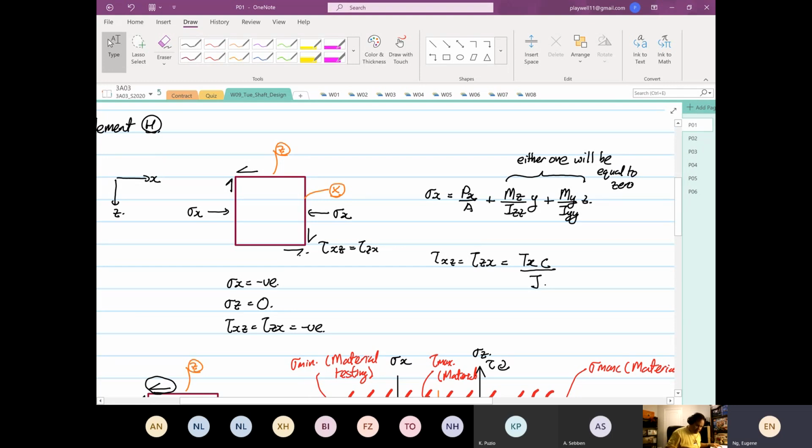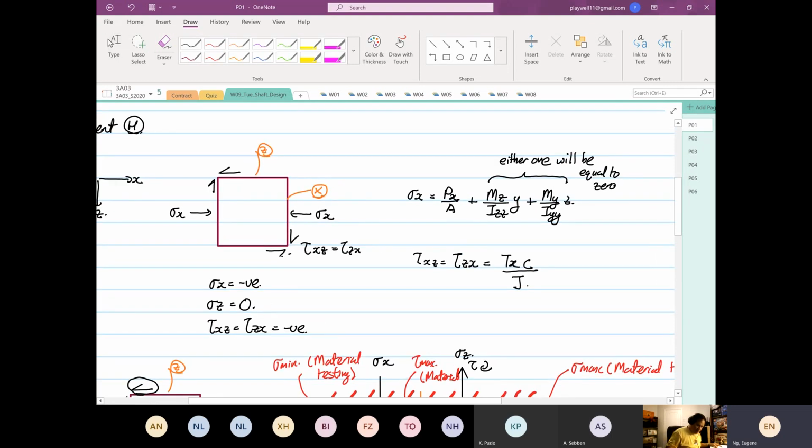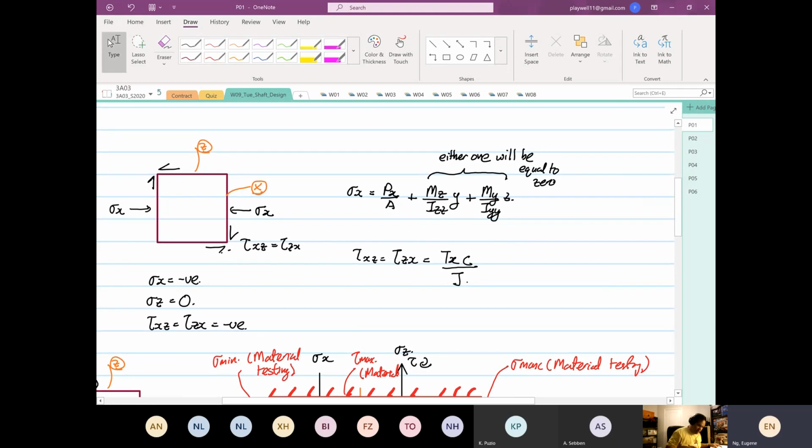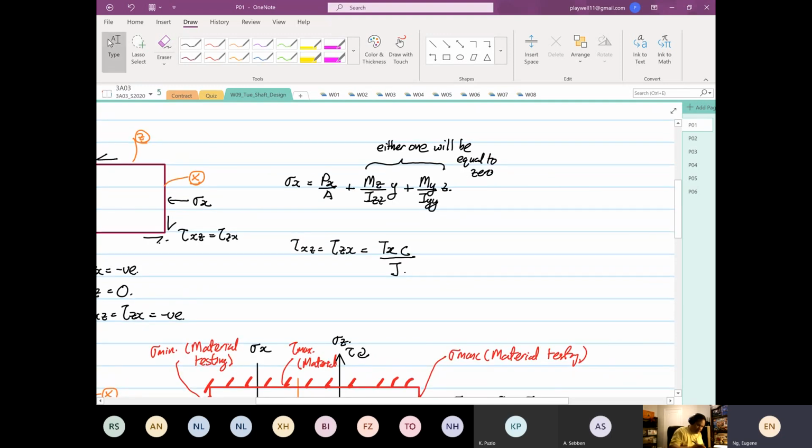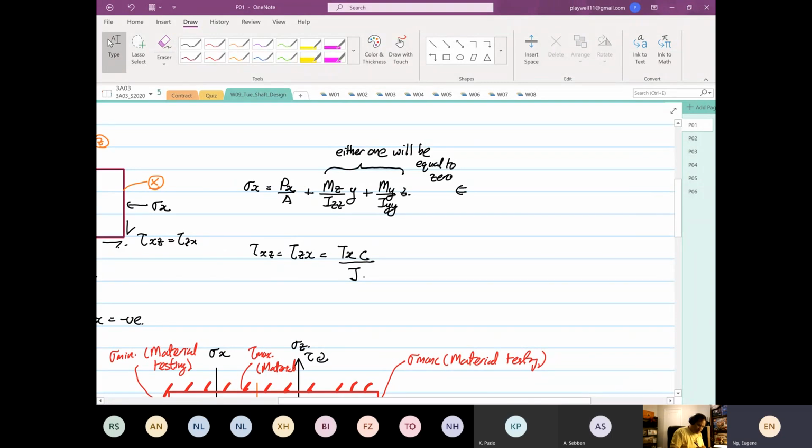So from here, we realize that the normal stress in the x direction is due to Px over A, plus Mz y over Izz, plus My z over Iyz. This is a very typical normal stress, and you can probably recognize it.